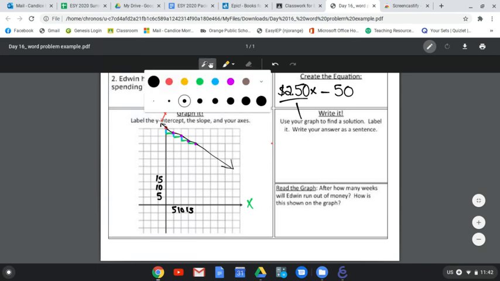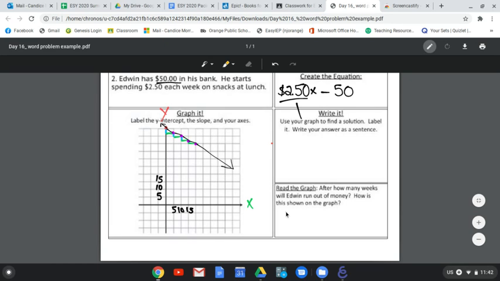So what I did in my brain is I just picked a number. I knew it wasn't 10 because you deducted that. So what it would be is $2.50 times, and I used 20. And when you get that, 2.50 times 20, you get 50.